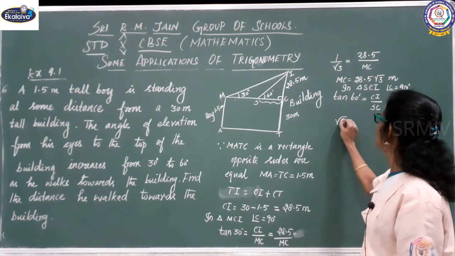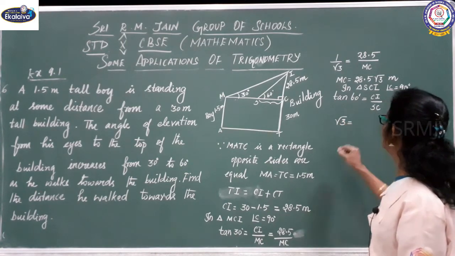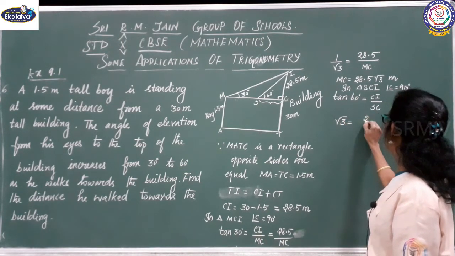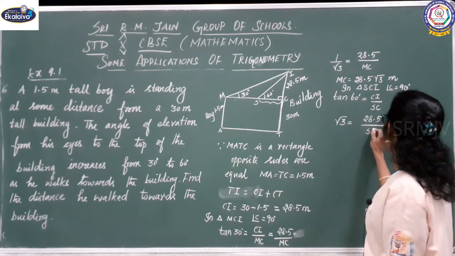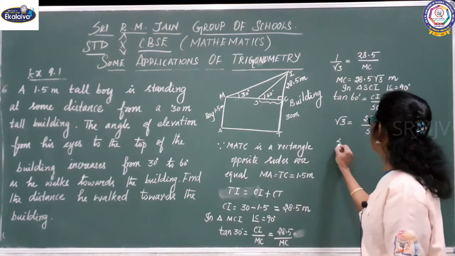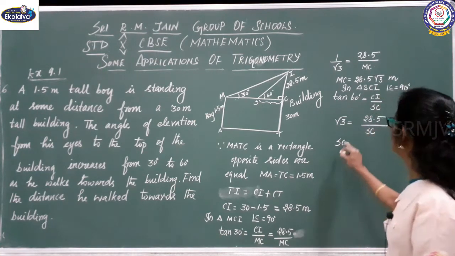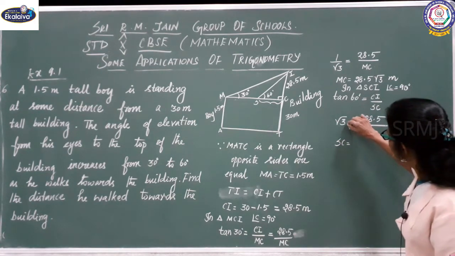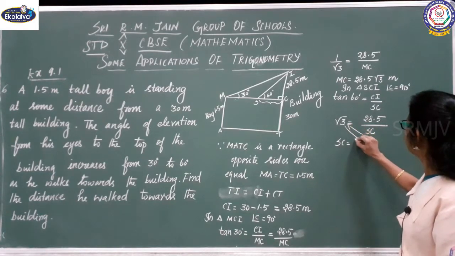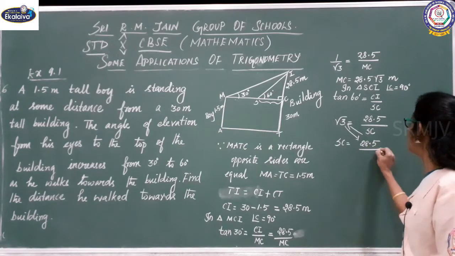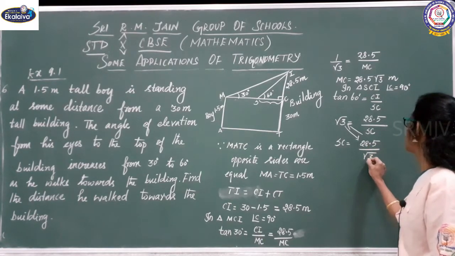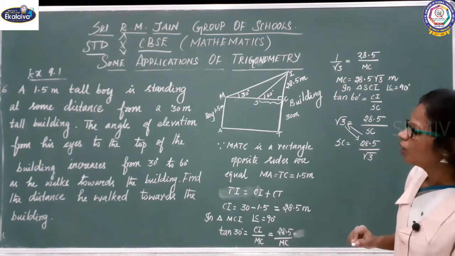Root 3. Root 3 equal to CI value you know, 28.5 divided by SC. Then SC equal to 28.5 by root 3.